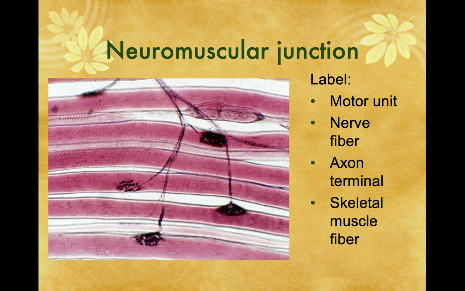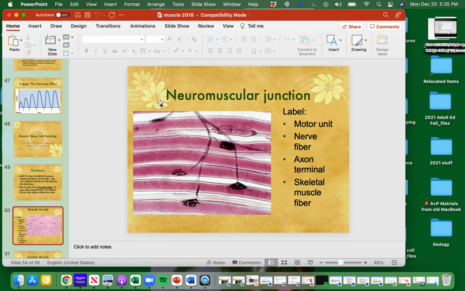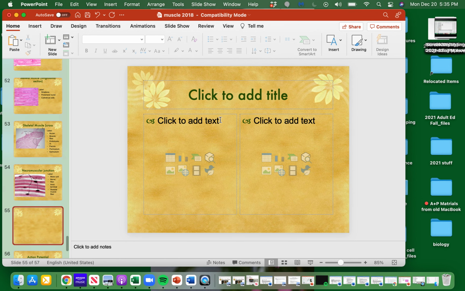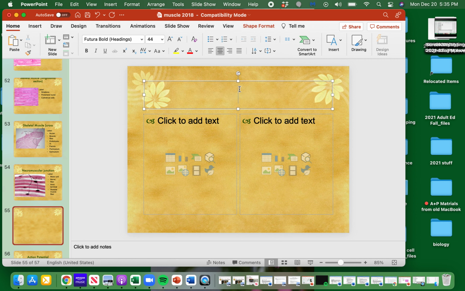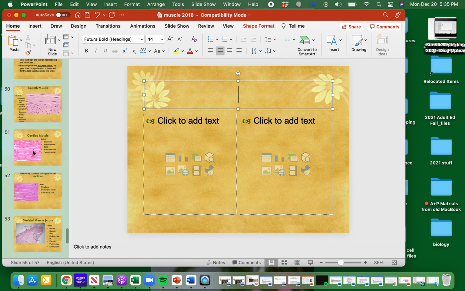There are 48 points, so 48 points plus, hold on, I need a calculator. 48 points plus 6 plus 8 plus 5 plus 6 plus 6 is 79 total points for the lab.